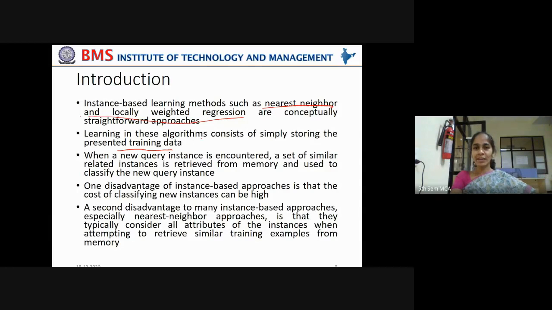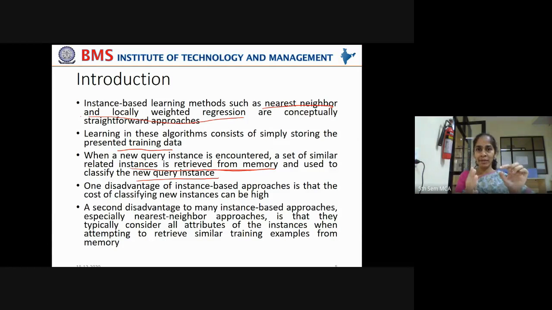Learning in these algorithms consists of simply storing the presented training data, and when a new query instance is encountered, a set of similar related instances is retrieved from memory and used to classify the new query instance. What is happening? When this model is given a new instance, it will start comparing that new instance with the training examples it is matching the most.